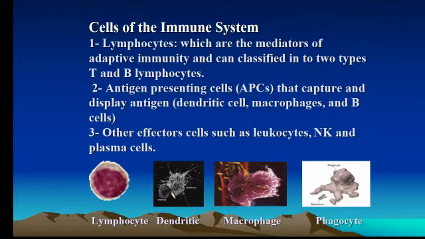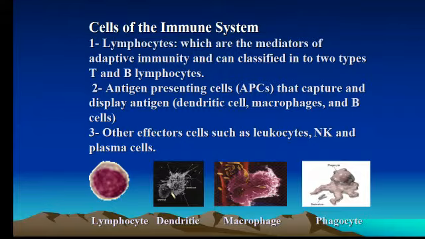After mentioning the lymphocytes, which are the mediators of adaptive immunity and can be classified into two types, T and B lymphocytes: of course, we didn't mention any cells relating to the innate immunity. We just mentioned cells related to the adaptive immunity, which are T lymphocytes, B lymphocytes, and their types.